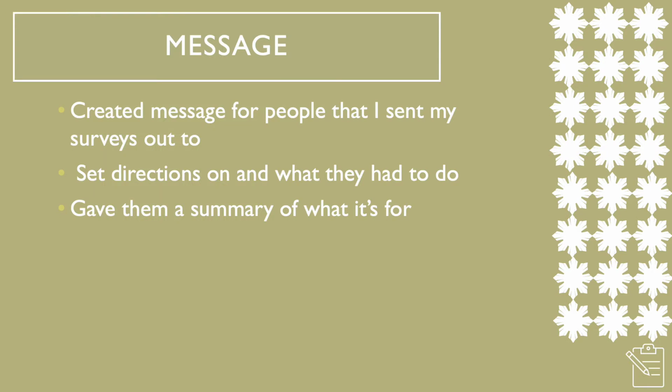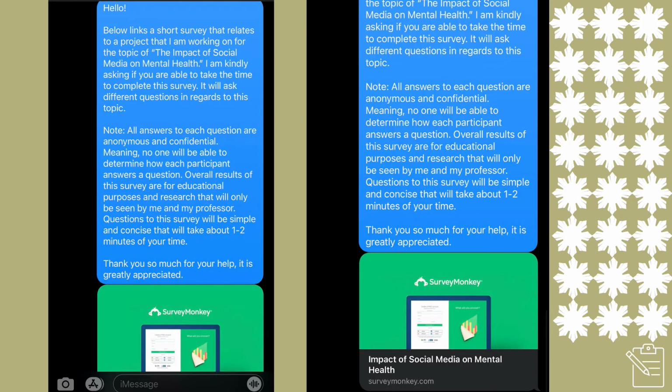Along with sending out my surveys, I created a message to explain the directions that my contacts had to follow, and also gave them a brief summary of what it's for. This is the screenshot of the message that was sent out, along with the link.